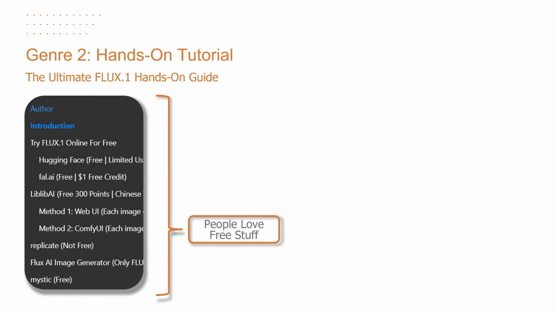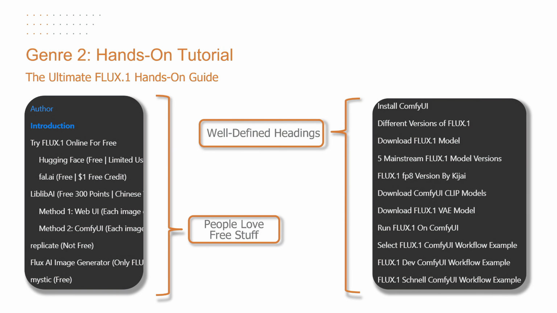Here you will see two images of the article's table of contents. First, the article starts with a list of websites where readers can try Flexible One for free. This can attract those looking for free resources. Then, each stage of the article has its own clear heading.